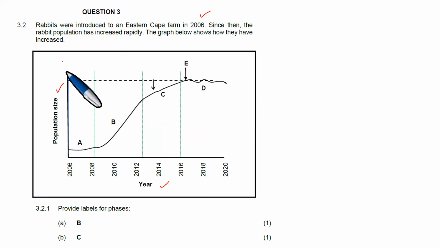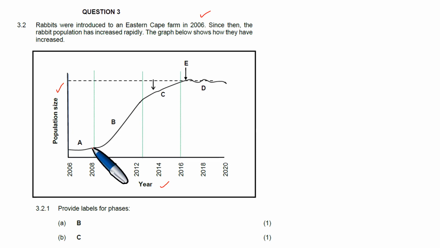Since then, the rabbit population has increased rapidly. The graph below shows how they have increased. So somebody decided to farm rabbits. And now these rabbits are like cats, but their ears are long, and normally they can run really very fast.